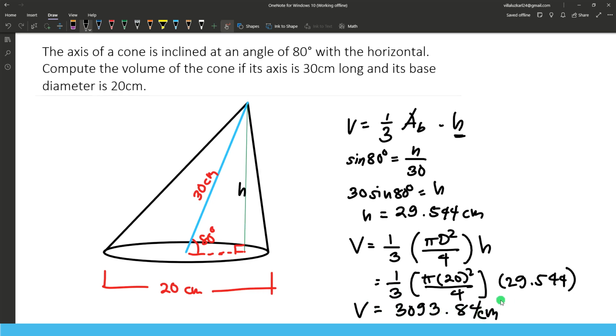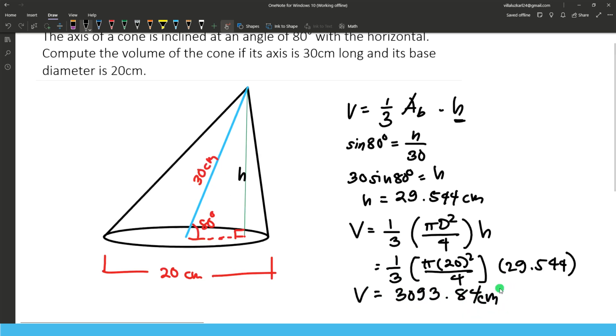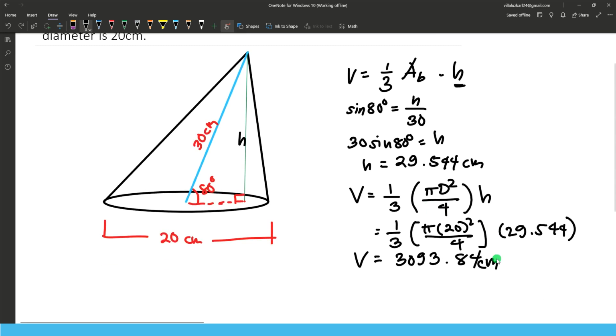All the units are consistent on the axis and the diameter, so that's cubic centimeters. That's the volume.